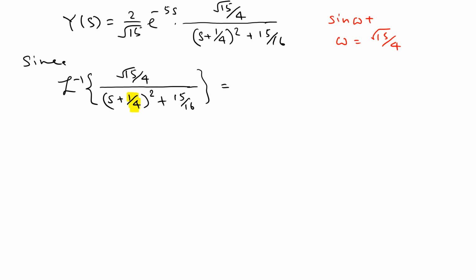So we can write that first. It is e to the minus 1/4 t, there's a shifting term, and then we know that this is a sine function, where omega is square root 15 over 4, t. So we figure out what the function is.